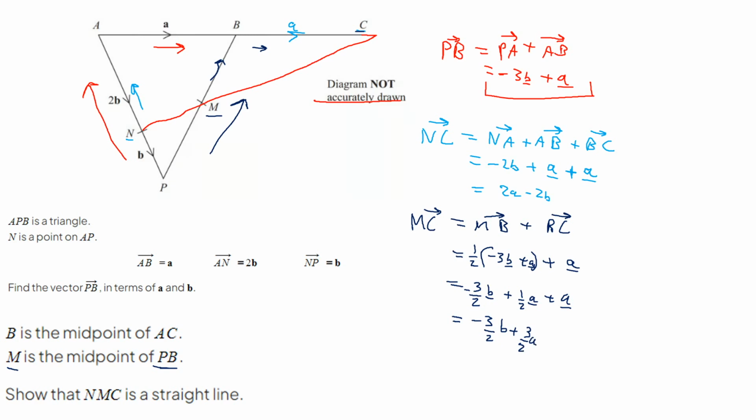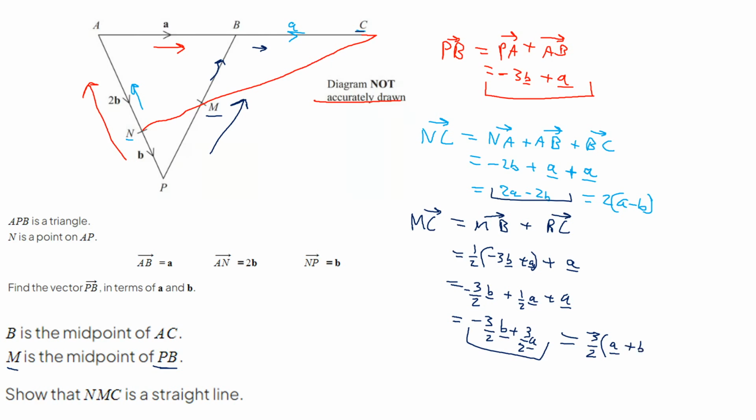So now we need to factorize both of these. Let's factorize NC first. We can factor out 2, so that's 2 times a minus b, okay? And when we factorize MC, that's just going to be 3 over 2 times a minus b.